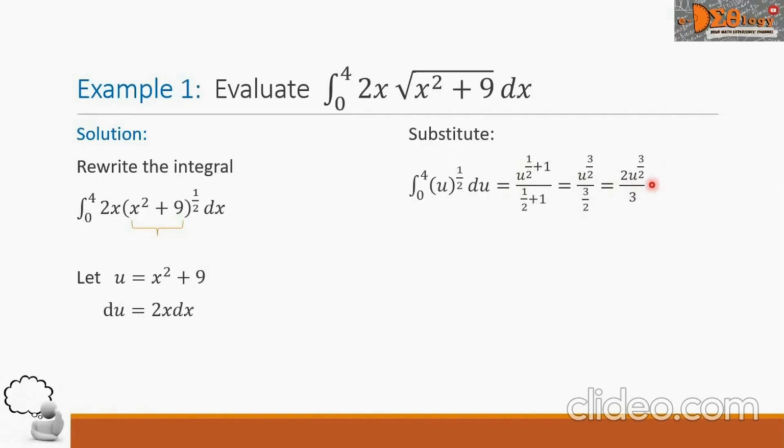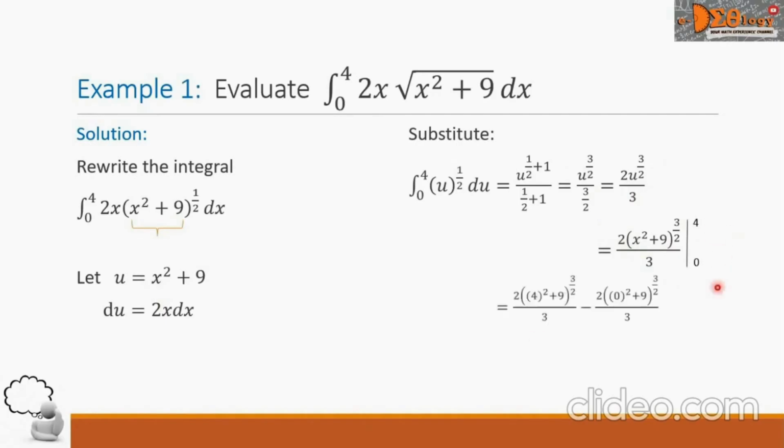From here, let us return the value of u with respect to x. We have 2 times the quantity x squared plus 9 all raised to 3 over 2 all over 3. Now let us evaluate this with regard to our limits of integration, 4 and 0.